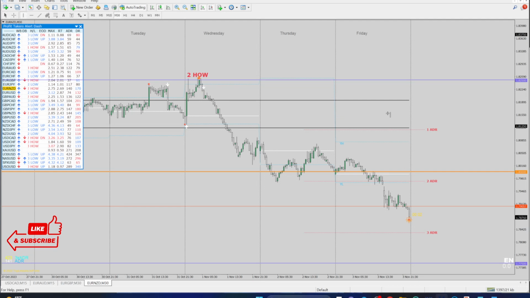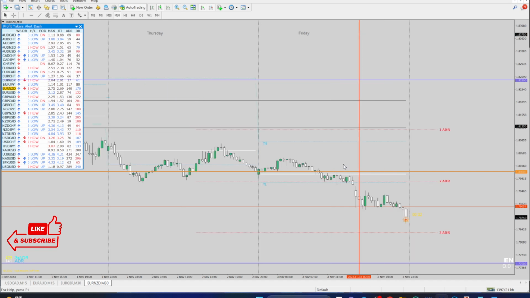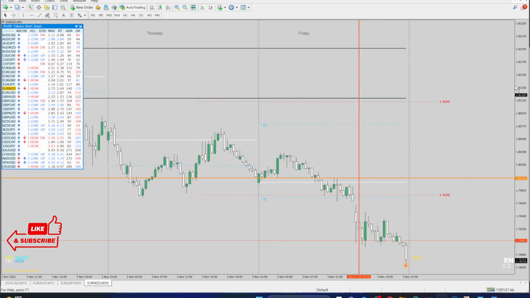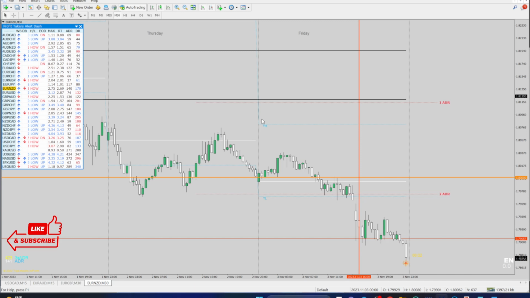Now for me, of course, like I said, 1900 or 1600 is my time, right? And the entry, if you can see here, again, we're looking at the previous day, and you can see that we had this high in place. So if it does retest it, great. If not, it's even better.